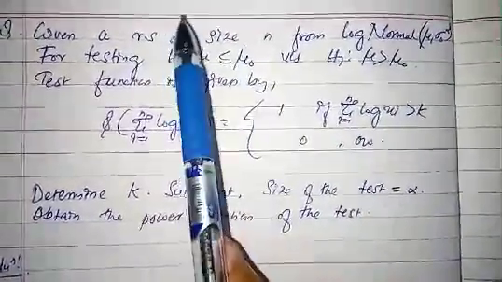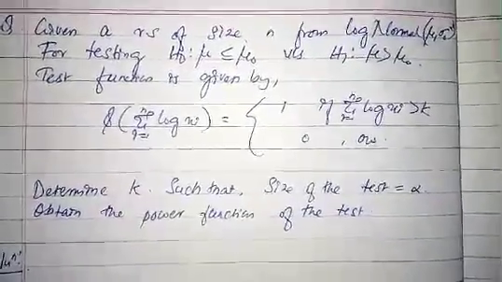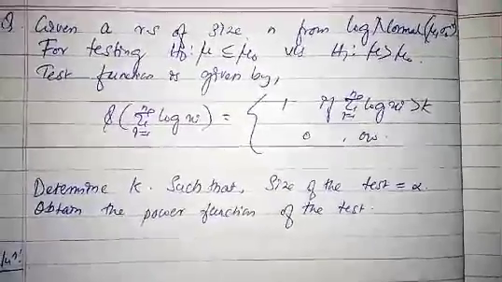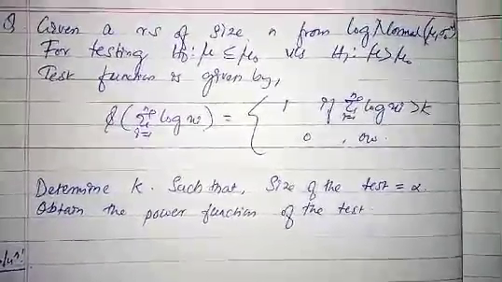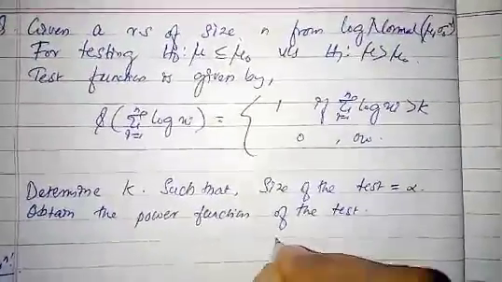Here given that the random sample of size n from log normal with mean mu and variance sigma naught square, right? What is the PDF for log normal distribution?